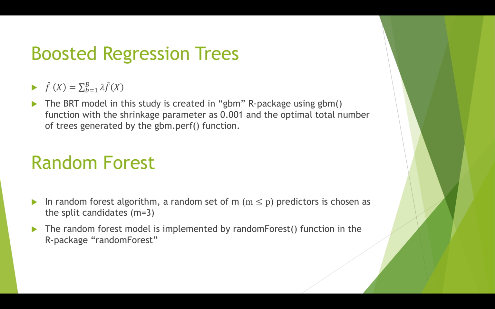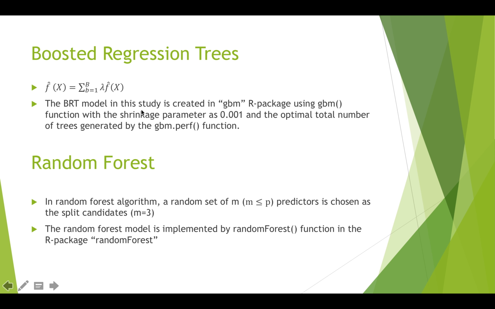And thirdly, I use the boosted regression tree to simulate the distribution. In the BRT model, the trees are grown sequentially by using the information obtained from the previously grown trees. And here is the equation.